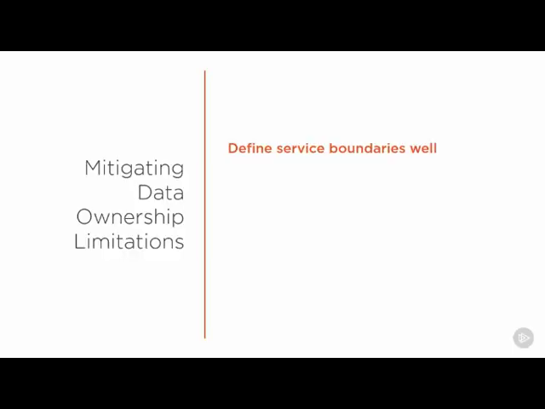If we define our service boundaries well, we can minimize the need to aggregate data from multiple microservices to perform a single operation. Another approach is that one microservice might hold its own cache of a subset of the data that's owned by another microservice.